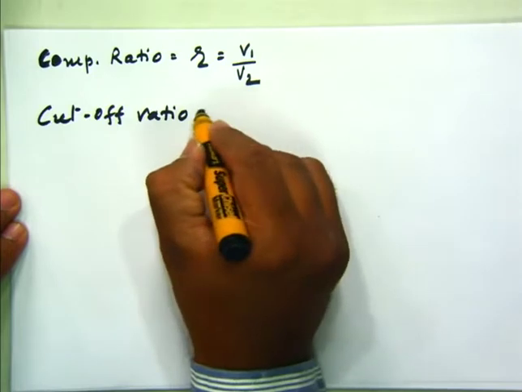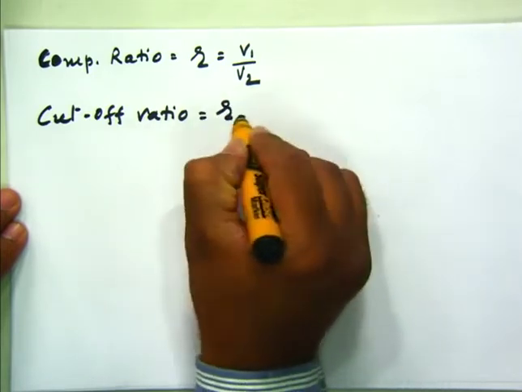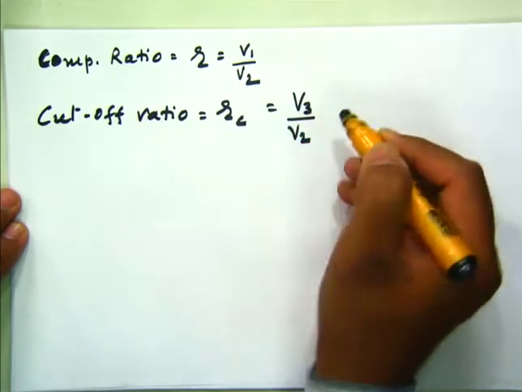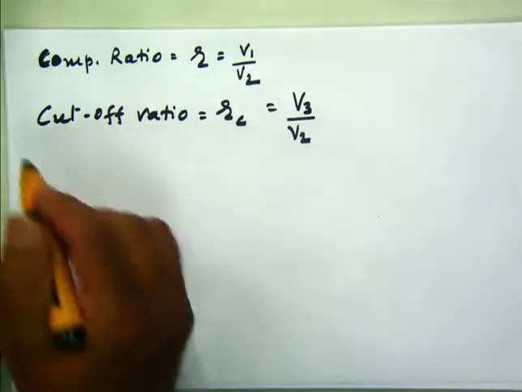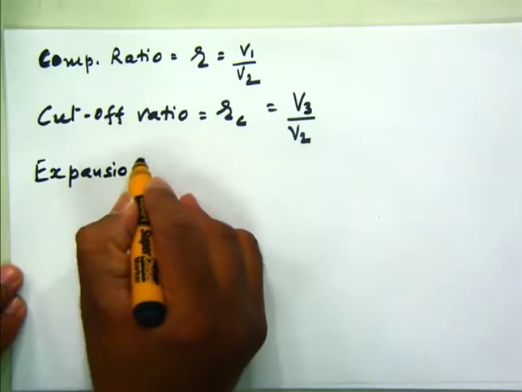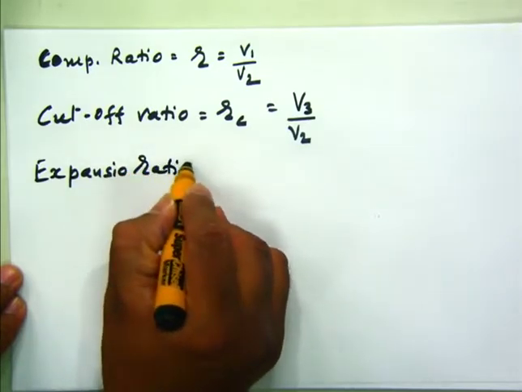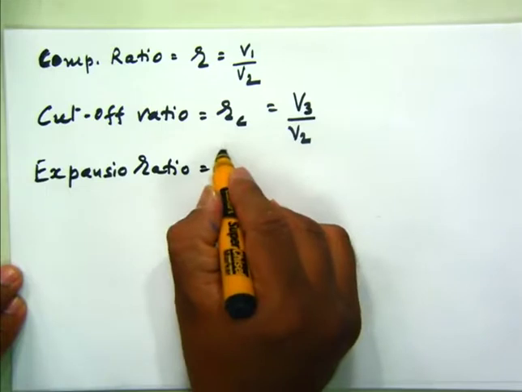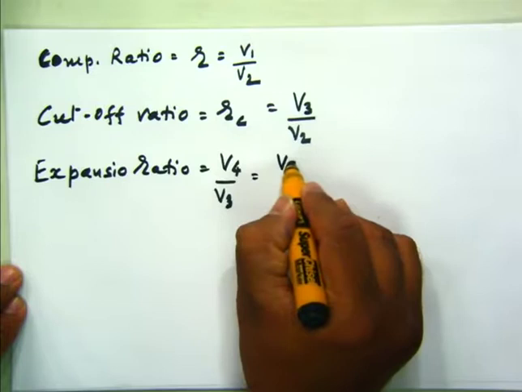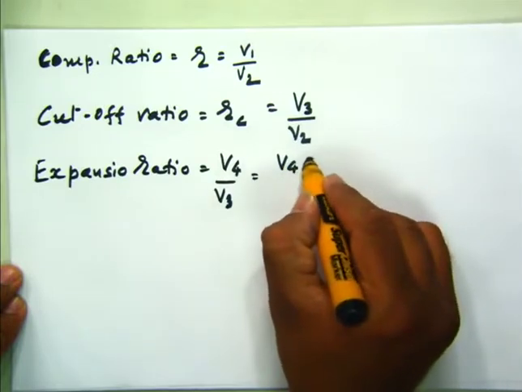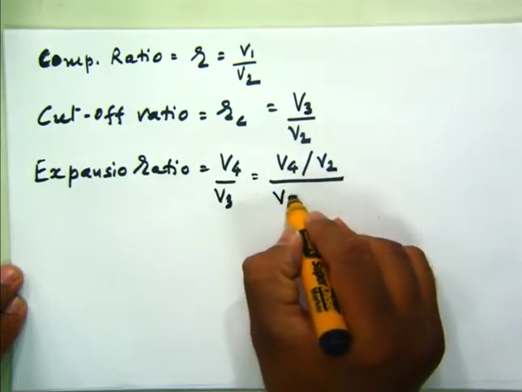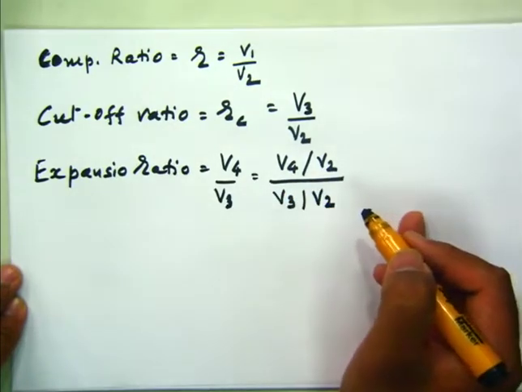Cutoff ratio RC is equal to V3 upon V2, and the expansion ratio is equal to V4 upon V3, which is V4 by V2 upon V3 by V2.